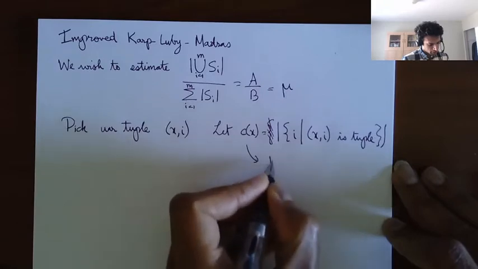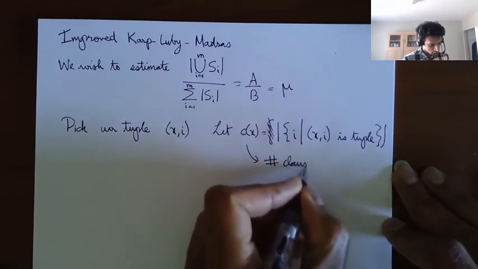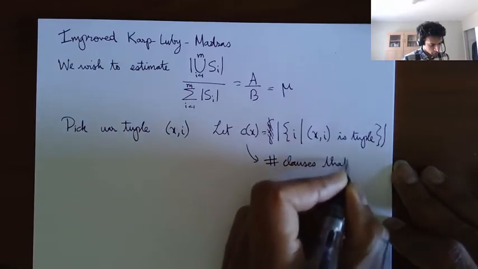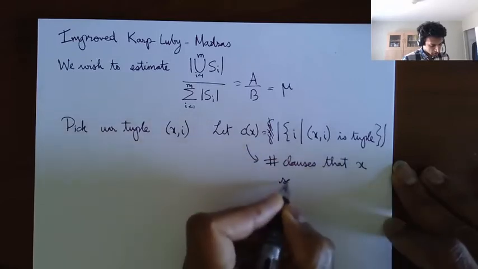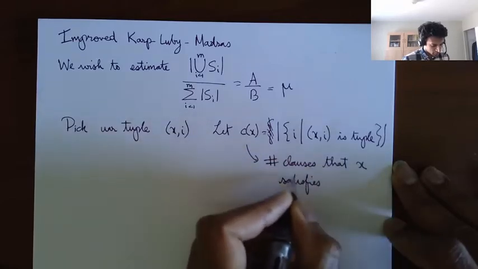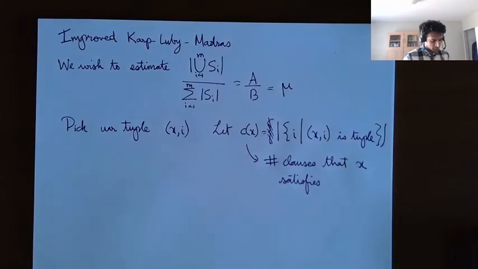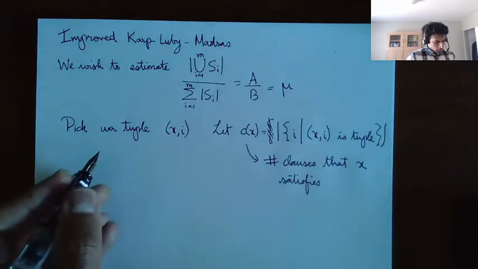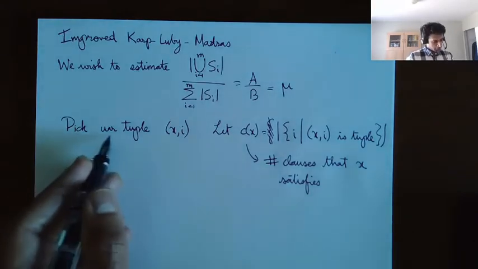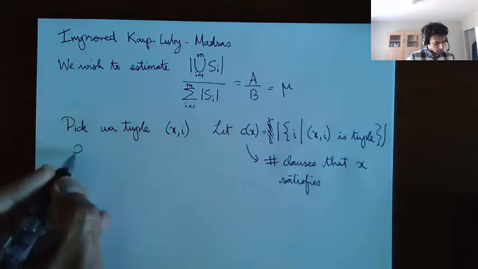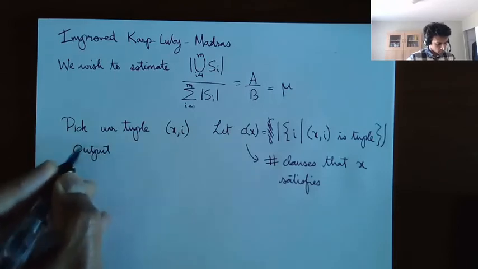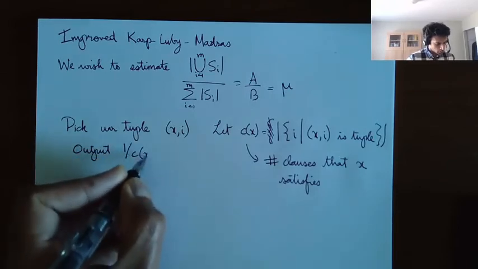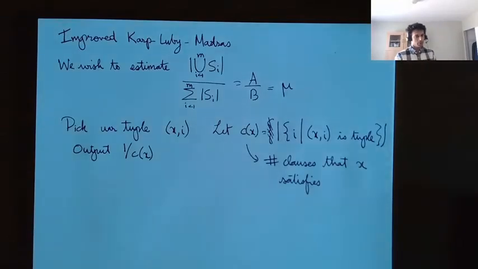Count of x is the number of clauses that x satisfies. So let's look at the following random variable. Pick a uniform random tuple and output 1 divided by c(x).